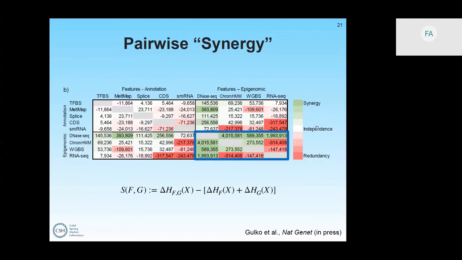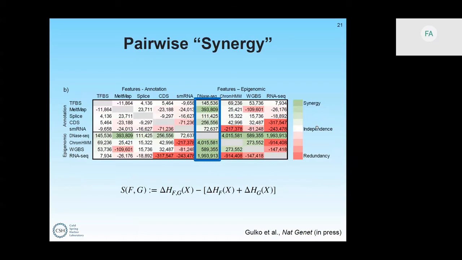And interestingly, when we do this, we find that many of the epigenomic features are synergistic with one another, and in particular, the DNA-seq feature is highly synergistic. And we think the reason is that DNA-seq is the single best indicator of whether regions in the genome are active or not, actively transcribed or actively regulated.